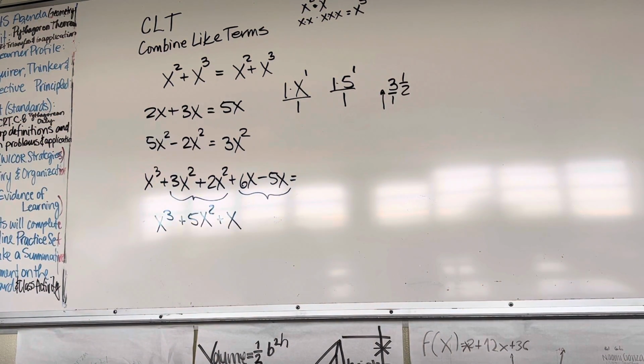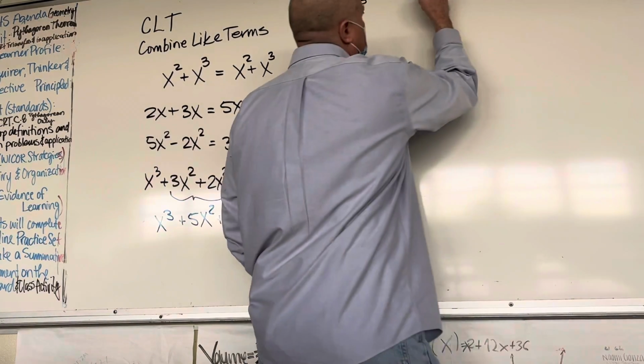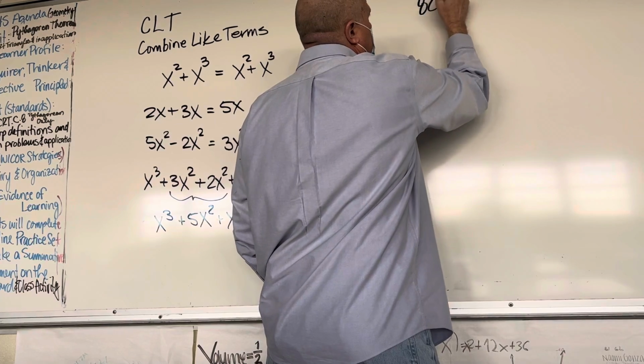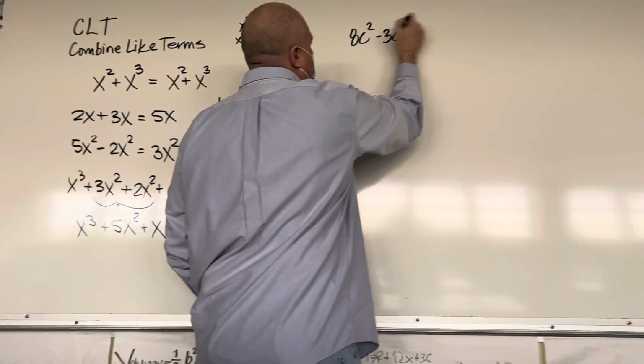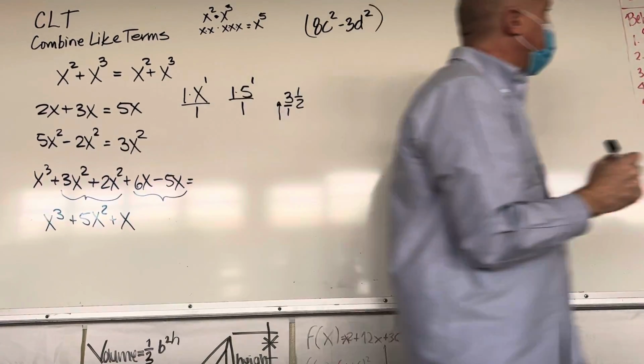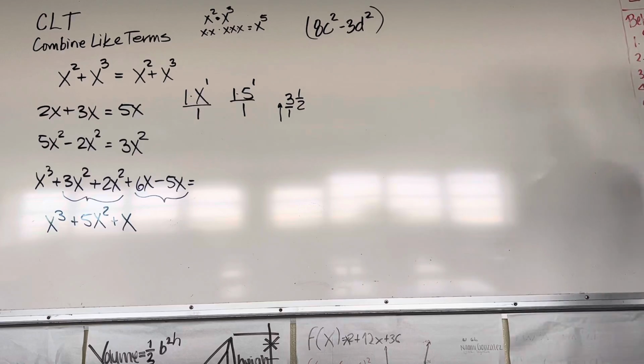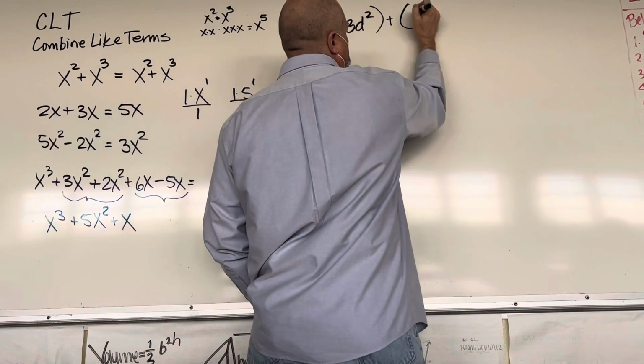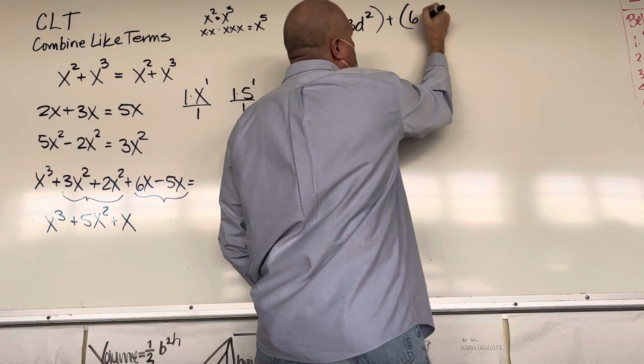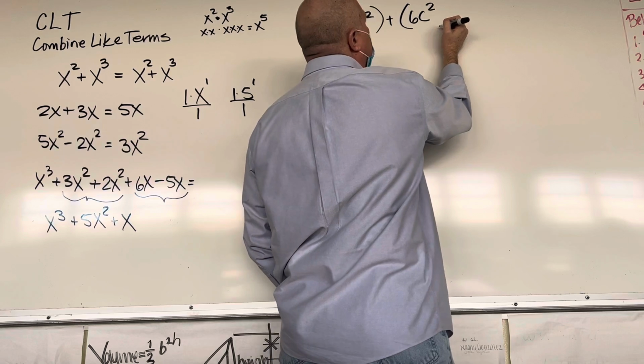Next example, let's see if I can remember this one a little bit easier. 8c squared minus 3d squared. Okay, can you see up here? 8c squared minus 3d squared. Oh, help me out here. Thank you so much. Plus, parentheses, 6c squared. Okay. Go ahead.